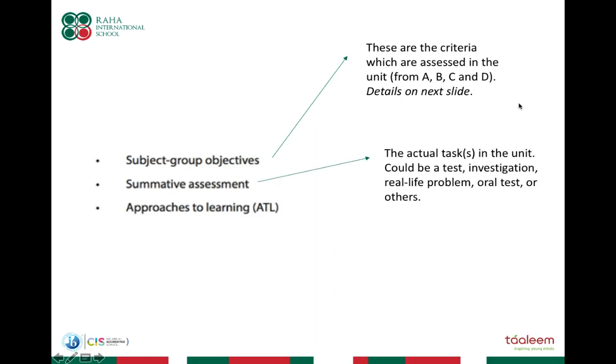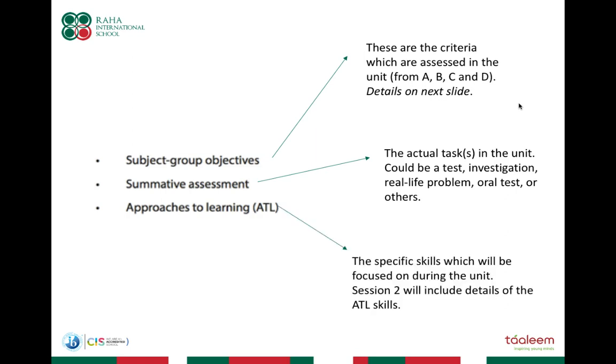The summative assessment is the actual task. It could be a test, an investigation, a real-life problem, an oral test. It could be an exploration. Depending on the nature of the subject, there are a whole range of different types of summative assessments that take place. And approaches to learning are the specific skills, and as I said, we'll go into a lot of detail with the ATLs in the next session, session 2.